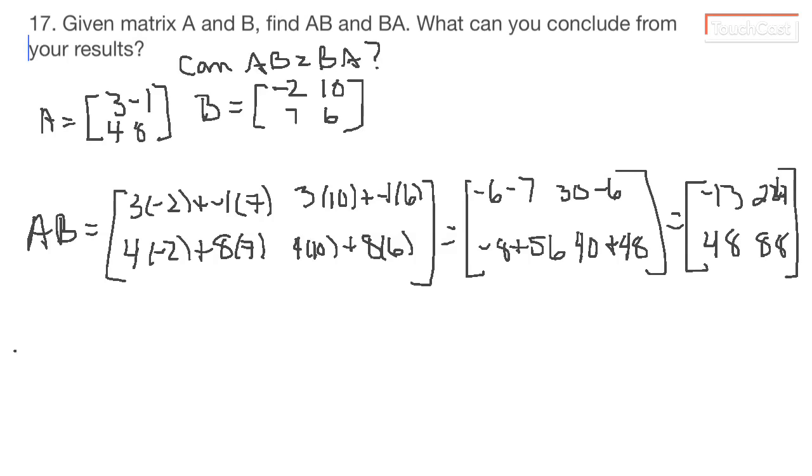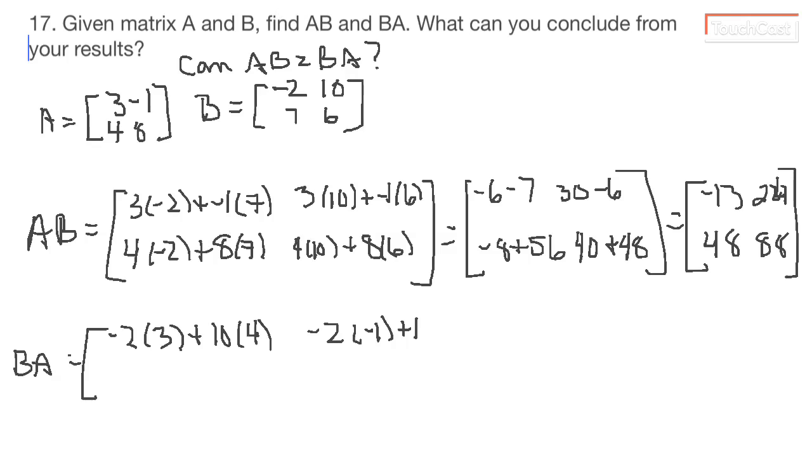If we go B times A, if we get the same thing. So now we're going to have negative 2 times 3 plus 10 times 4 and negative 2 times negative 1 plus 10 times 8.